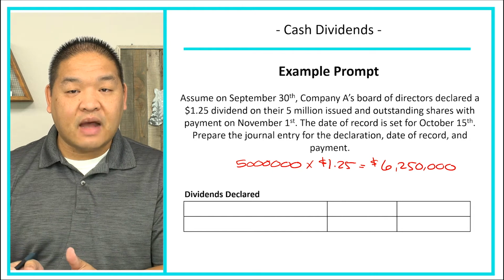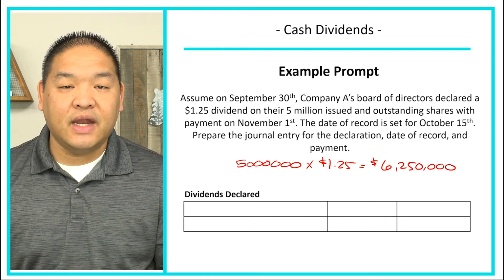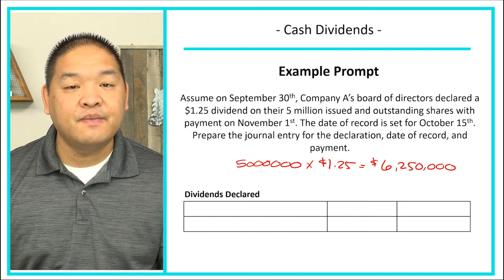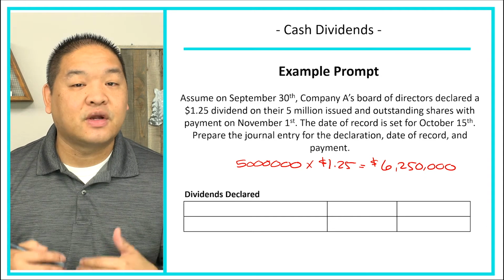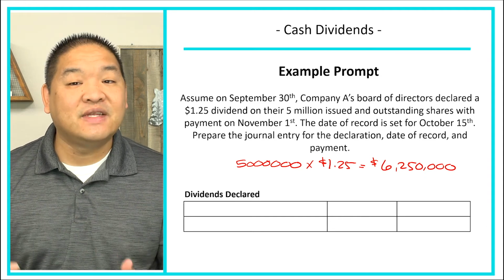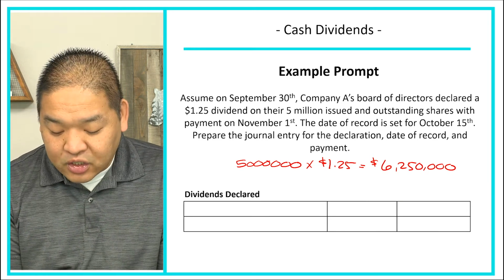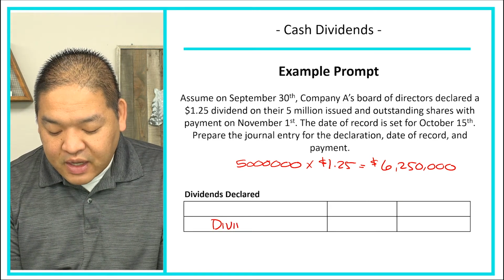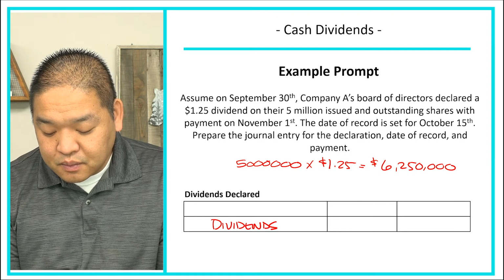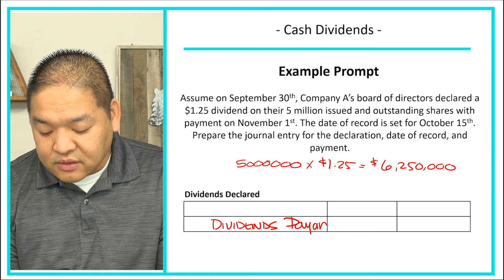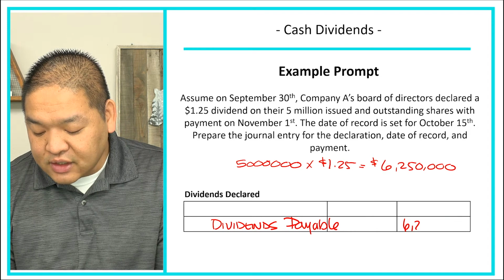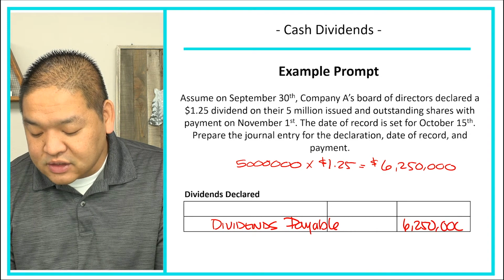So because we have established a liability here, we're going to need to create a journal entry to establish that liability. So our journal entry for this is we're going to credit dividends payable because we owe it. So increase in liabilities would be a credit. So we're going to credit dividends payable in the amount of $6.25 million.